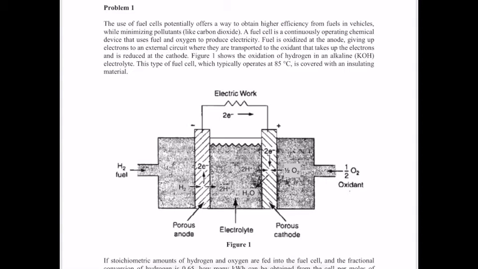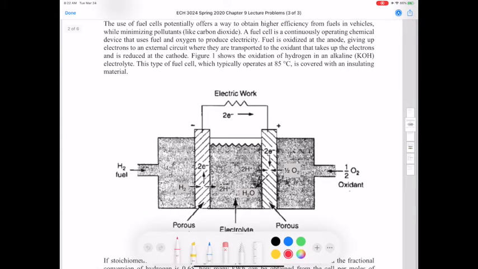All right? And so what's going on in this fuel cell device is we have a fuel, our H2 fuel here, and it's being fed into the system. And this fuel then reacts with this porous anode in order to form 2 electrons and 2 protons, the H pluses.